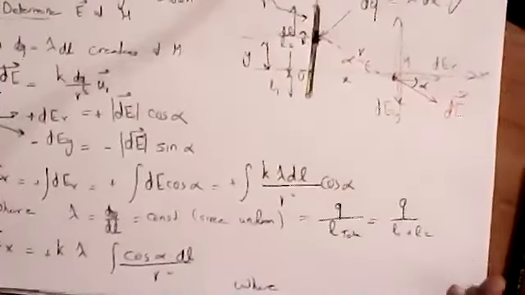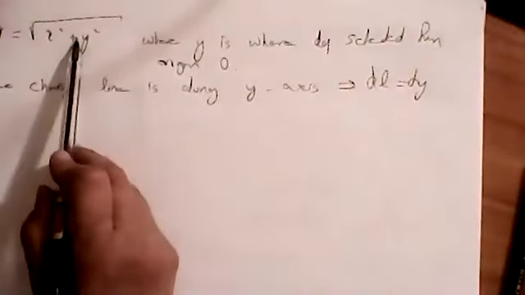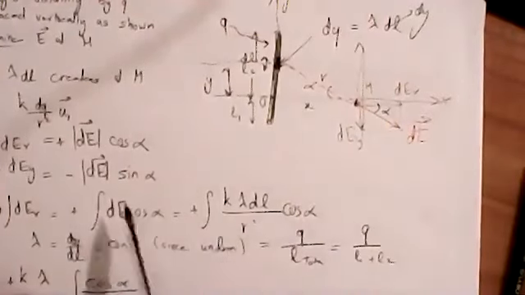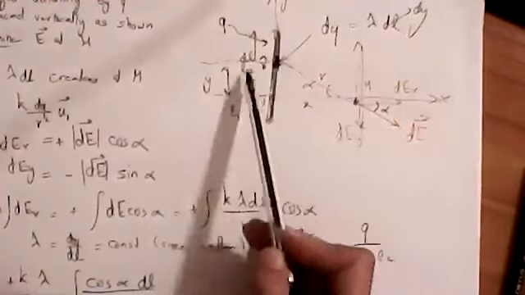So dl will be dy. So dl is a function of y, the variable y, and r is a function of y. Again, alpha needs the cosine and sine. Cosine alpha I know as x over r, and r is x square plus y square under radical.